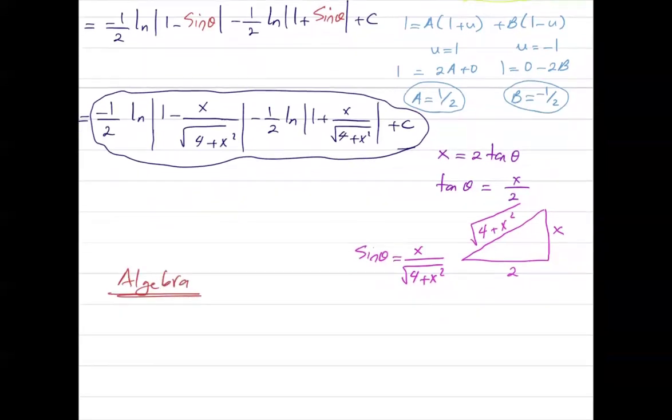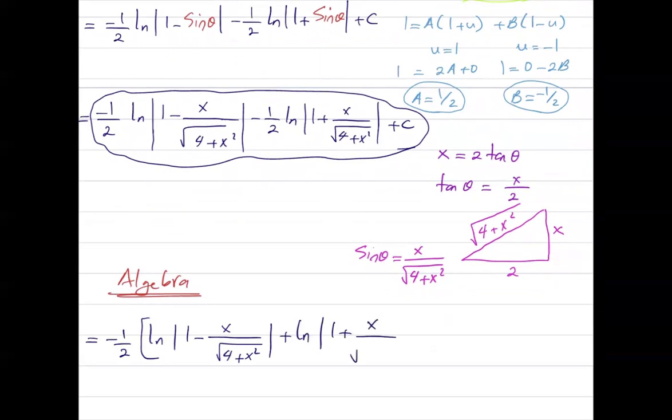From algebra, you can factor out negative a half, and you have ln of absolute value of 1 minus x divided by square root of 4 plus x squared plus ln of absolute value of 1 plus x divided by square root of 4 plus x squared plus constant of integration.